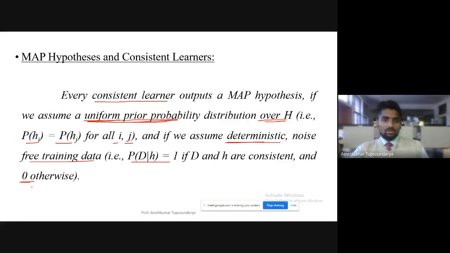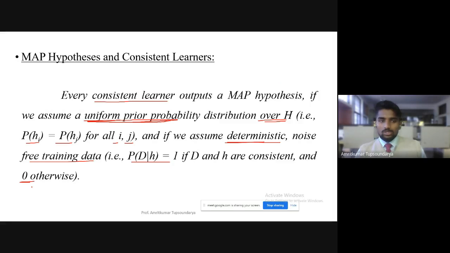So just to put it in a nutshell again, for the maximum a posteriori hypothesis and the consistent learner, it is very important to understand that every consistent learner outputs a maximum a posteriori hypothesis if we assume a uniform prior probability distribution, right? And also we have to assume that we have noise-free as well as deterministic data, that is, consistent if the probability is 1, and if it is inconsistent the probability is 0.